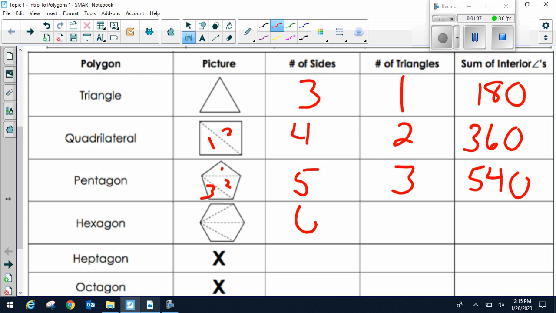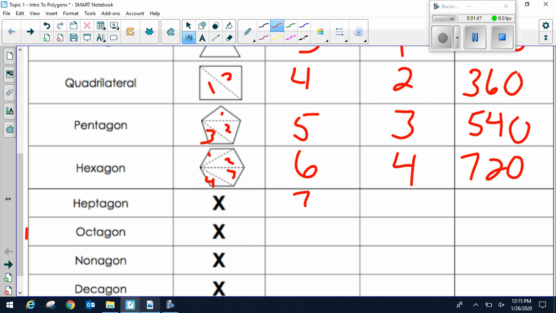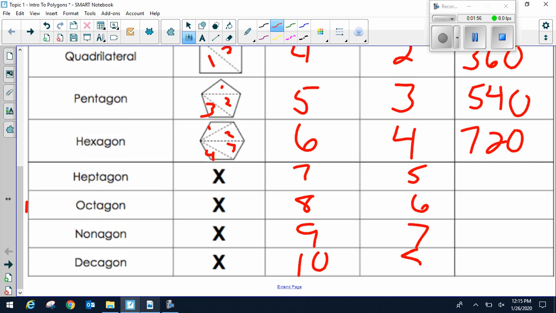In a hexagon, you've got 6 sides, it's 1, 2, 3, 4 triangles, and that's 720 degrees. And then you've got 7 sides with 5 triangles, 8 with 6, 9 with 7, and 10 with 8.